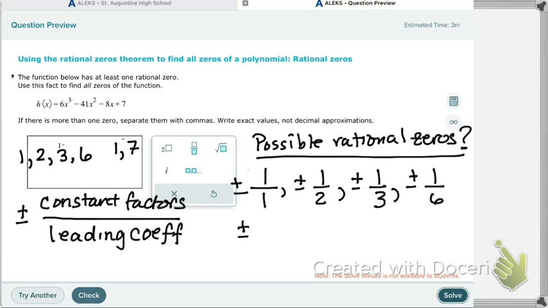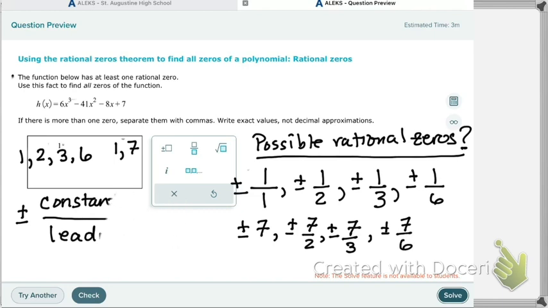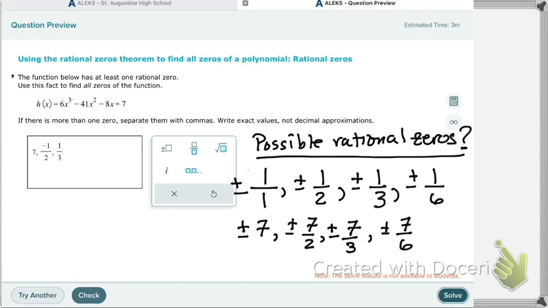So it'll be plus or minus 7 over 1, plus or minus 7 over 2, plus or minus 7 over 3, and plus or minus 7 over 6. Okay, so if this has a rational root, it will be one of these.